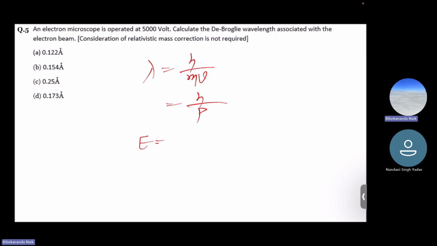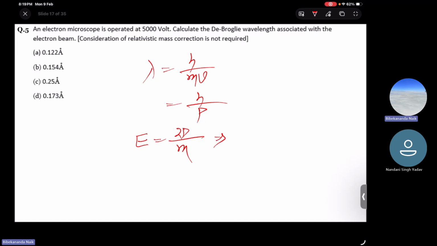So we know E is equal to P square by 2m, and that E we can put eV is equal to P square by 2m.